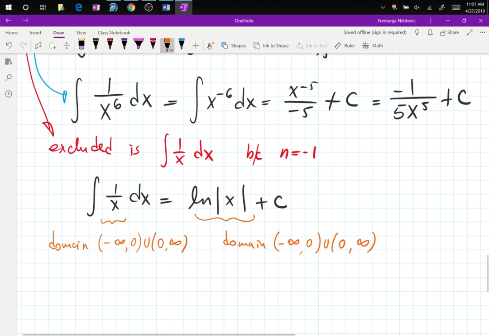But if I put absolute value, and I put negative 2, then negative 2 absolute value makes it a positive 2, and ln of positive 2 I can compute. So this absolute value on the argument of ln just makes sure that the domain on both sides of the equation are the same. So that absolute value is not there for decoration. So make sure you have it 100% of the time when you're solving these problems.